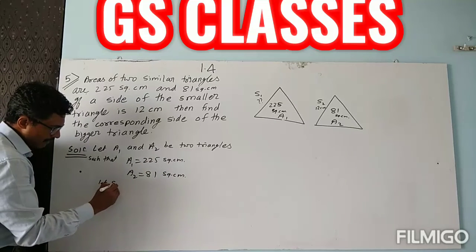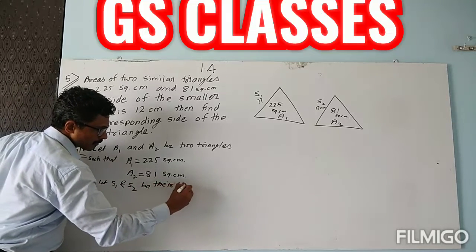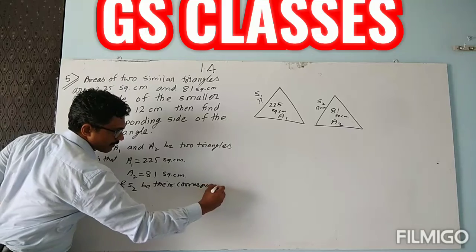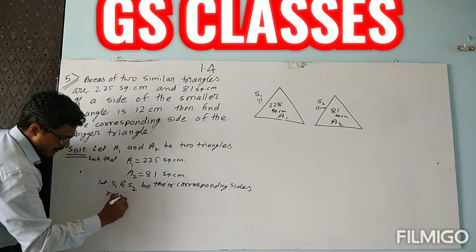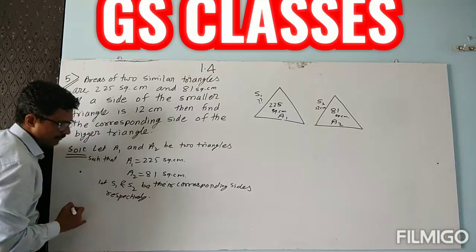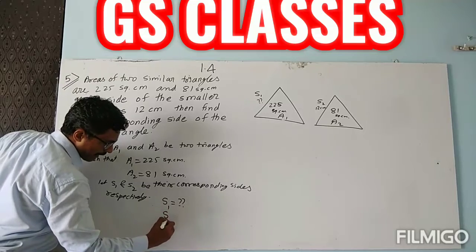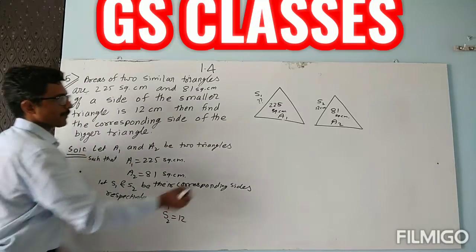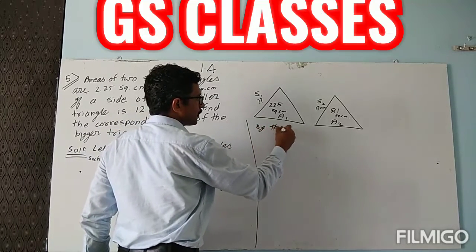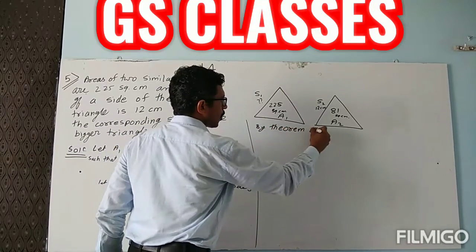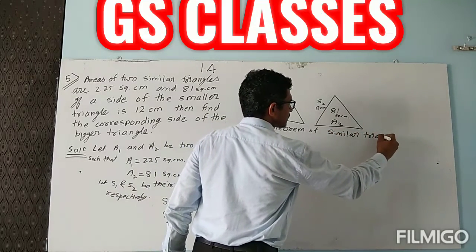Let S1 and S2 be their corresponding sides respectively. So S1 is under question mark and S2 as 12. Now children, we will write by theorem of similar triangles.